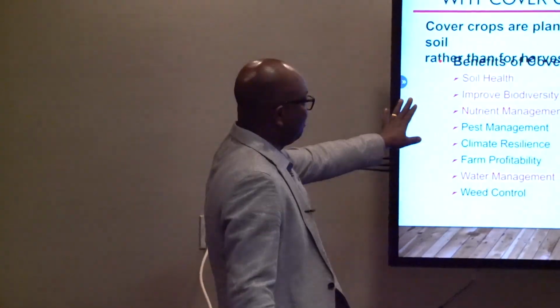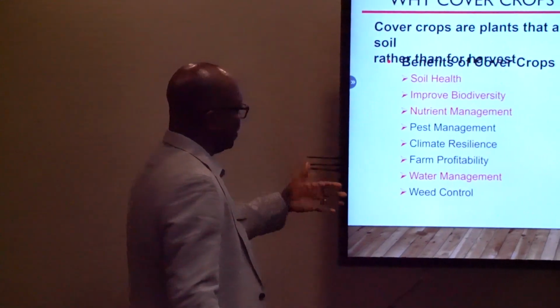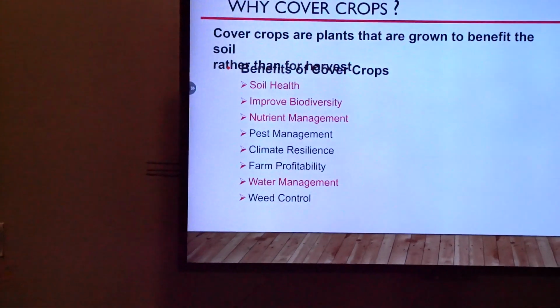So the question is, why cover crop? Cover crop because cover crops have some benefits, and the text is messed up here. Yeah. Cover crops have some benefits, okay? So the text that is highlighted in red is the properties of cover crops that are directly related to this.